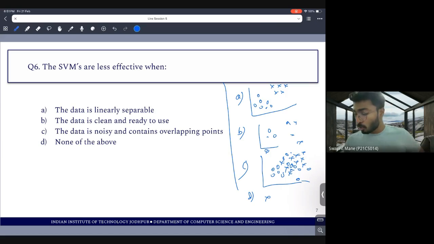Yeah. So option C is correct, which is very trivial and straightforward. It is overlapping. In this, the problem is how we can draw a hyperplane.